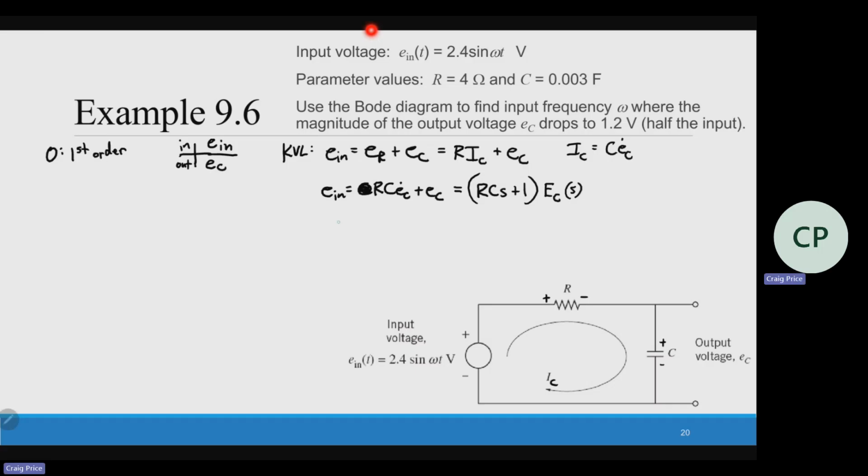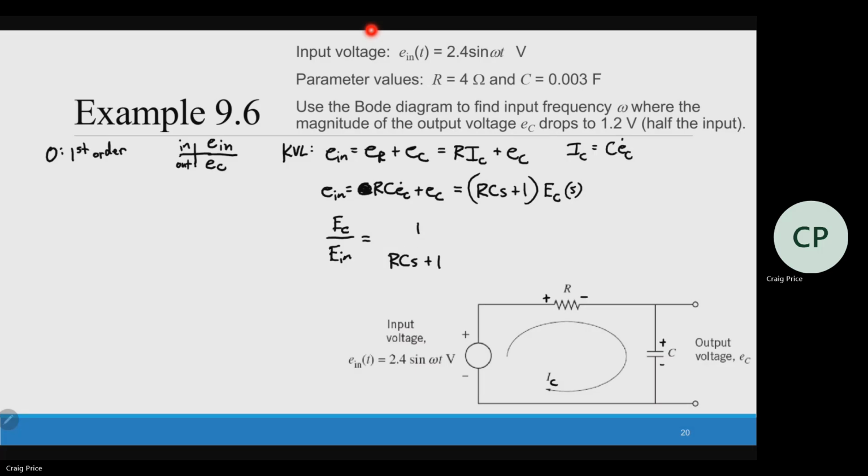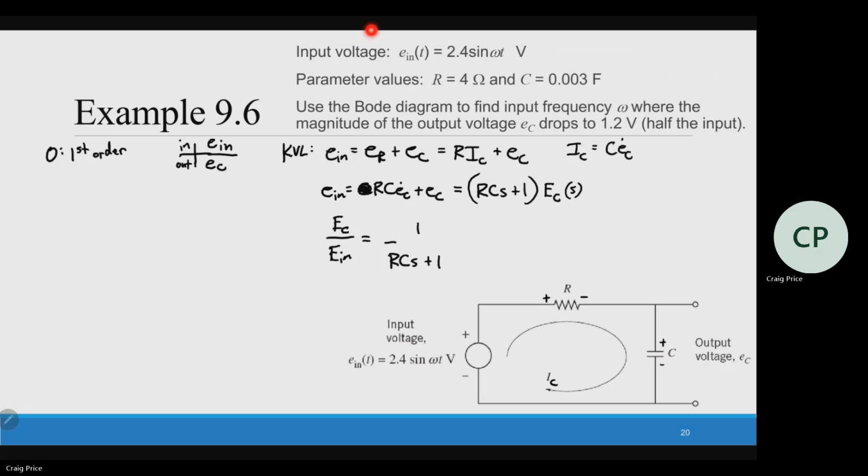And therefore, E_C over E_N is equal to 1 over RCS plus 1. Maybe that was easier.